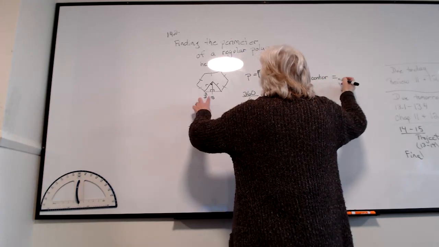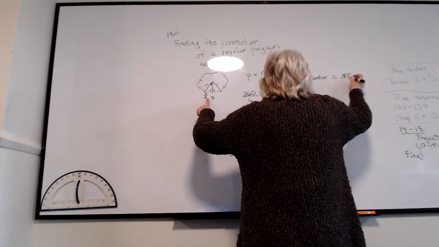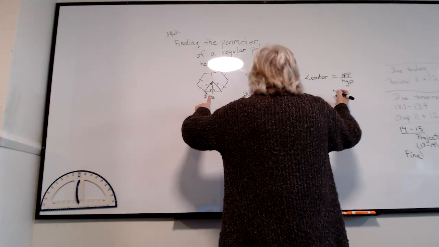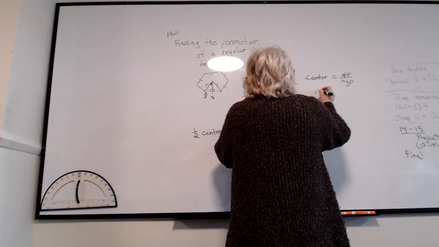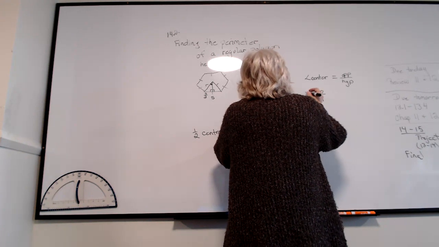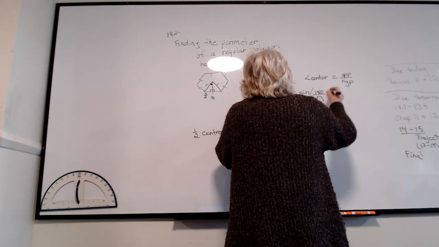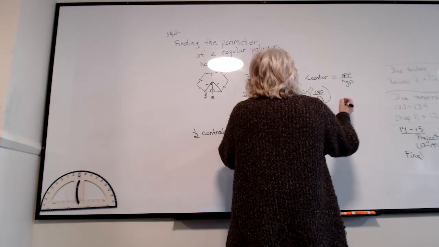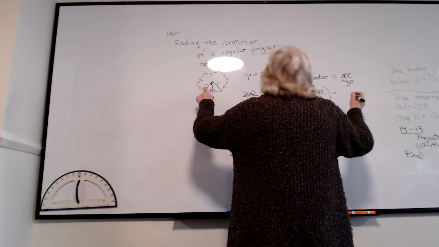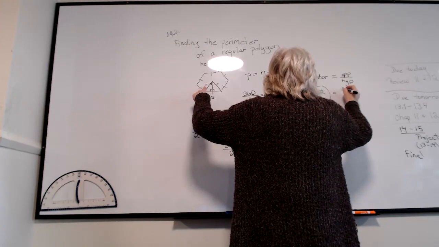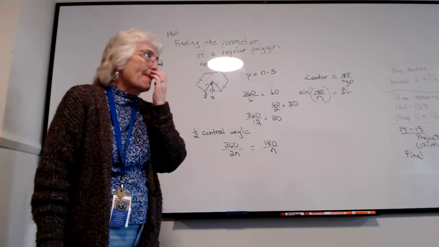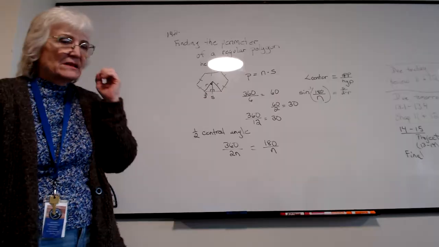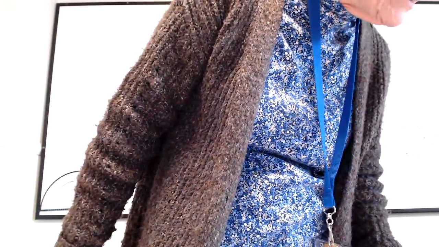Our angle in the center we just found is 180 over n. So this is going to be the sine of 180 over n equals s over 2 times the radius. Why do we come with s's in?